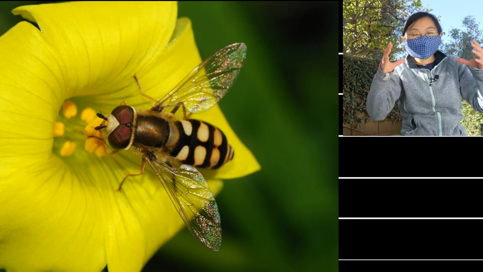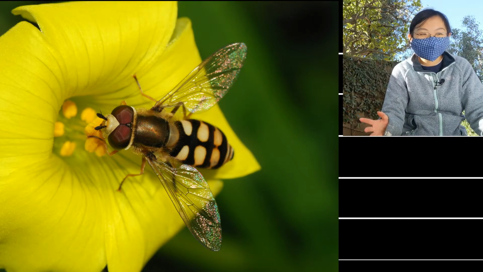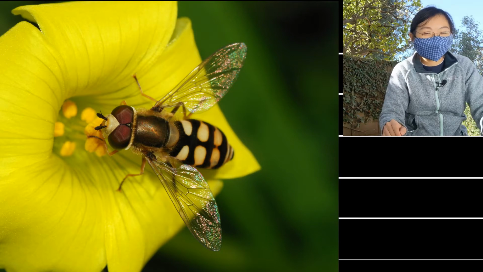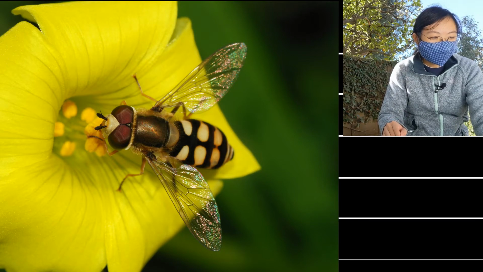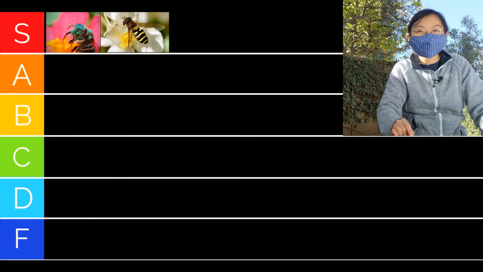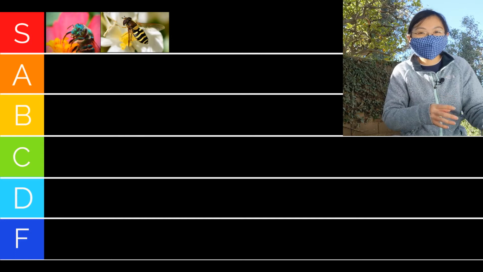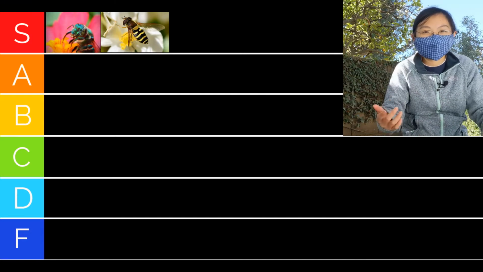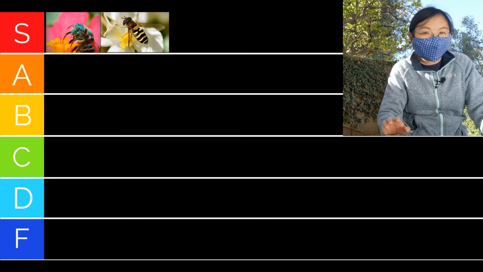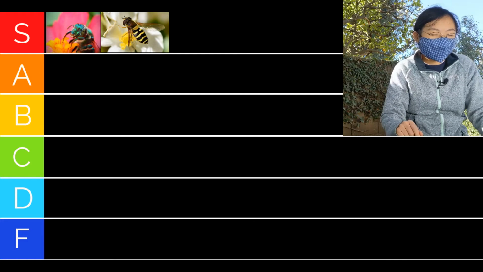They also have these really big eyes in front of their head, and you could almost say that their head is mostly made of eyes because they're so big. And also, they have two wings, so that's also a very important distinction between a fly and a bee, or any other wasp-like insect. And they're usually not very fluffy compared to a bee.